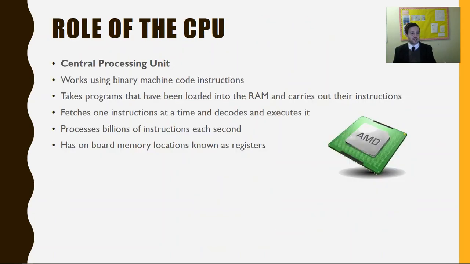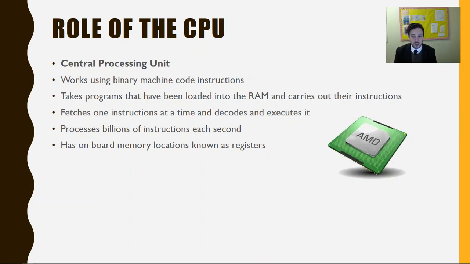So I said we'd come back to the CPU, and we'll do that now. The CPU, also known as a central processing unit, or more often than not just the processor, is the brain inside the middle of the computer. It works using binary machine code instructions, so it works using ones and noughts. The pins on the one side of it receive a set of electrical signals as ones and noughts, it processes them, and it puts some other electrical signals out on the other side of it.